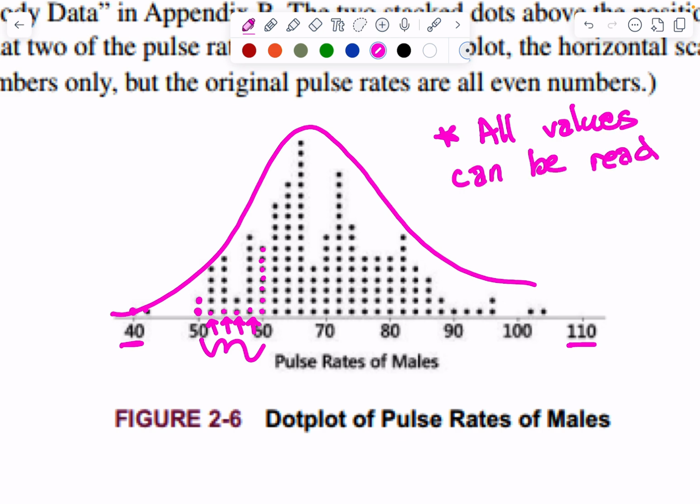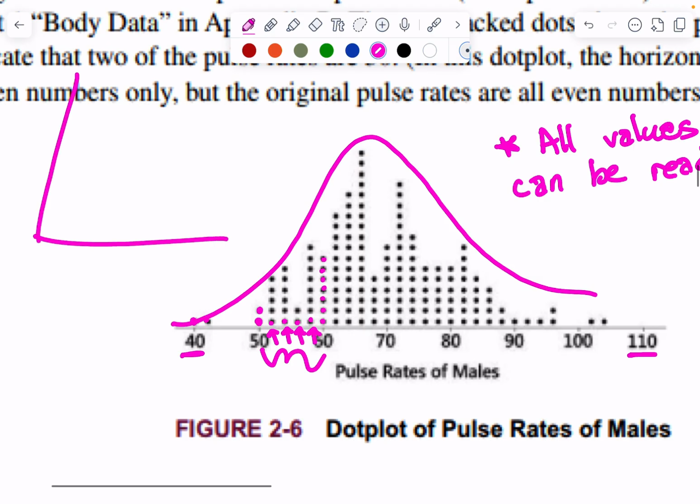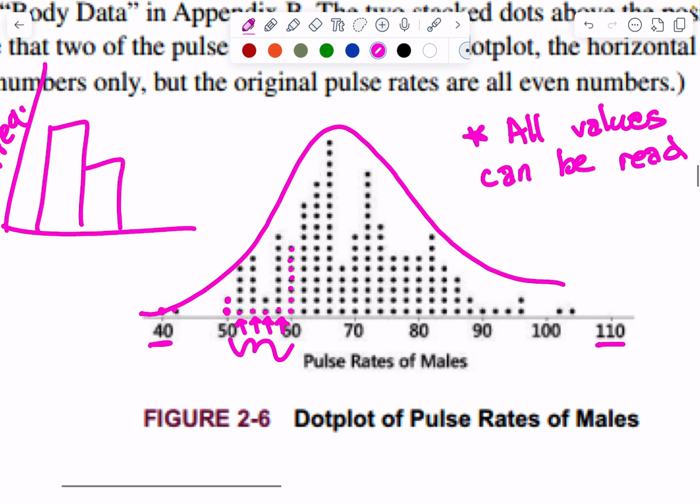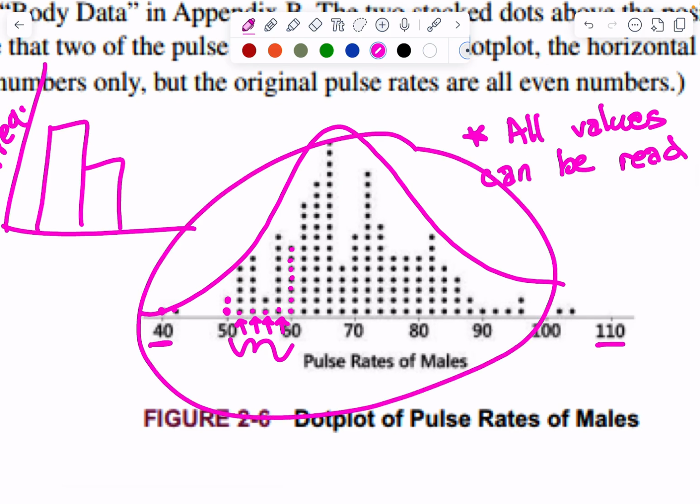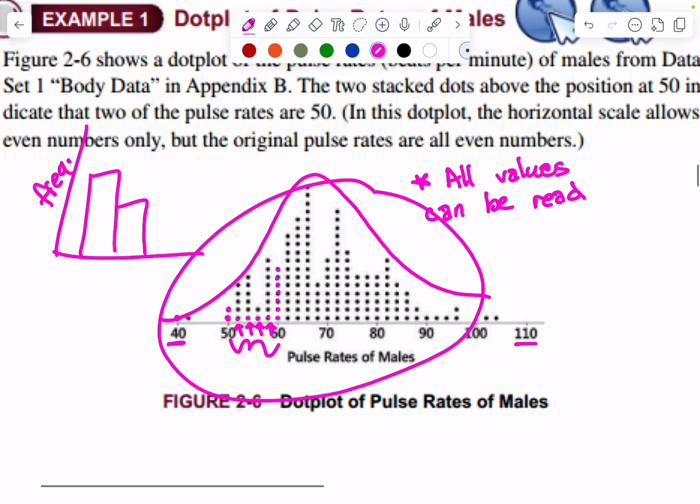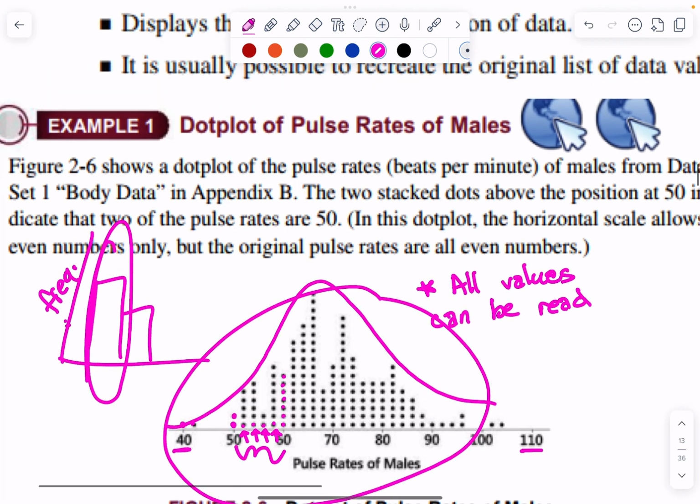On that histogram that we just got done doing, they would do bars, and they would have frequency here. We are not able to generate the original data values, but on a dot plot, you are able to. So I could look at that graph and say there are 7 of them that are exactly 60. I know exactly what those values are. So all values can be read using that graph, and they're not lumped into a category of a bar like this one is. So that is a dot plot.